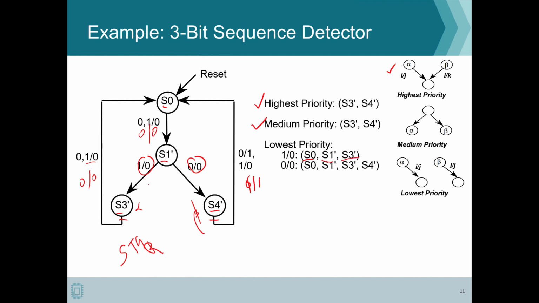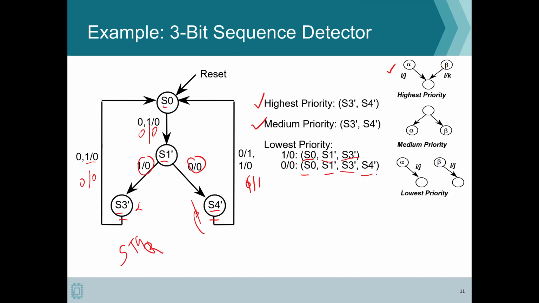Similarly, we have other instances like S0 and S1 for the 0 0 case. Then we have S0 and S3 for the 0 0 case. We have S3 and S4 for the 1 0 case, and so on. So you have different combinations.